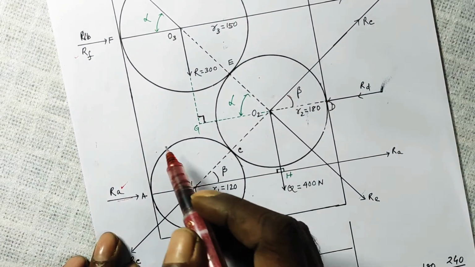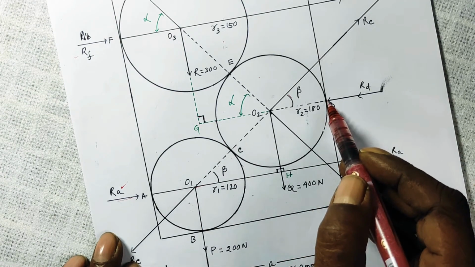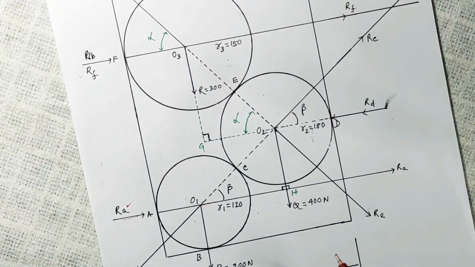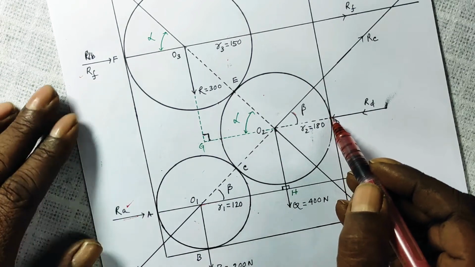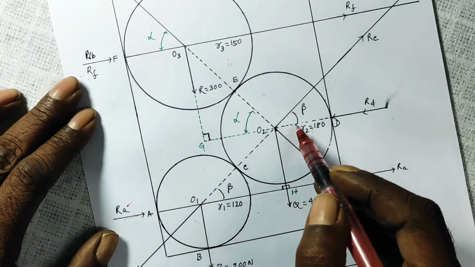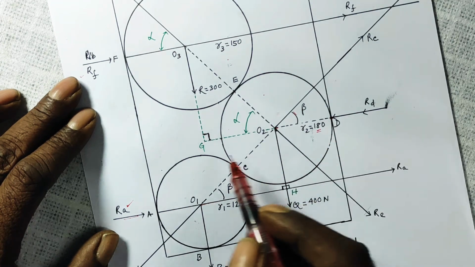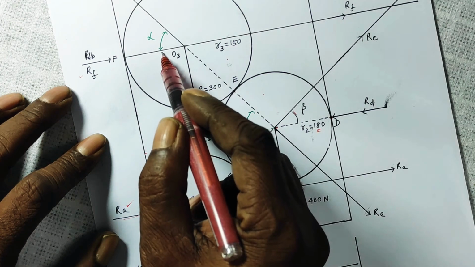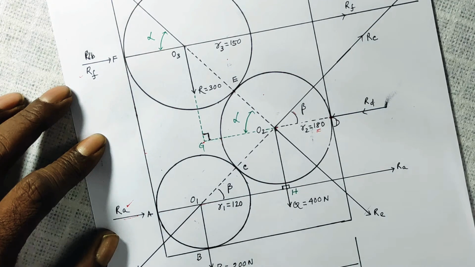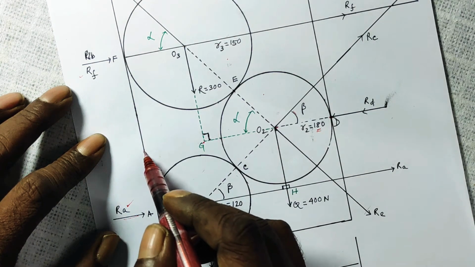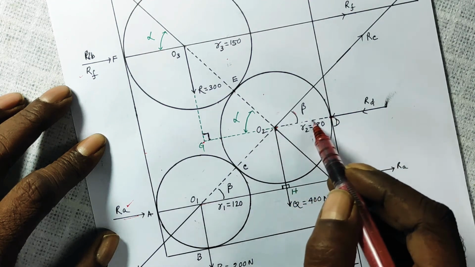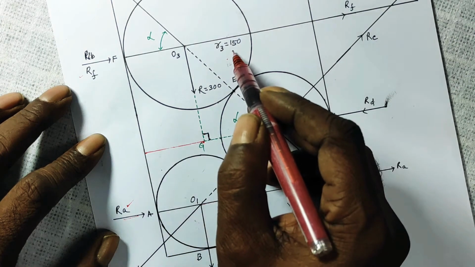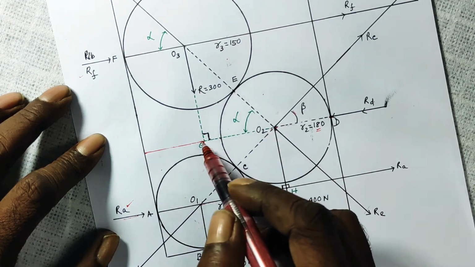This whole length from this end to this end is given as 540 millimeter. 540 minus 180, then minus this much from here to here, that is the same thing as the radius of the third one, that is 150, is equal to your O2G.